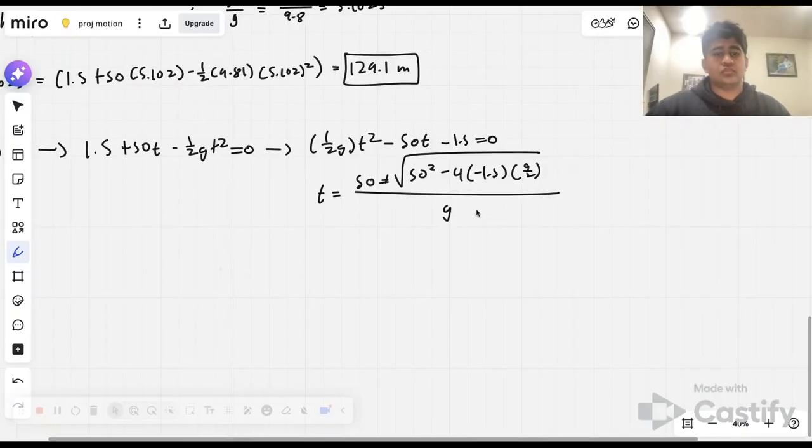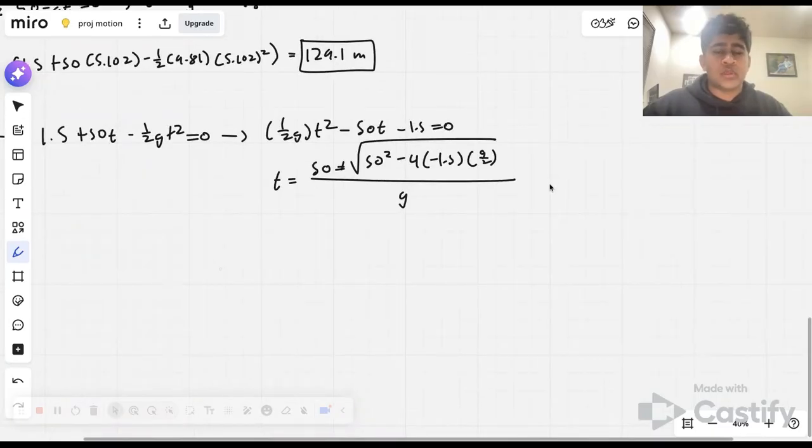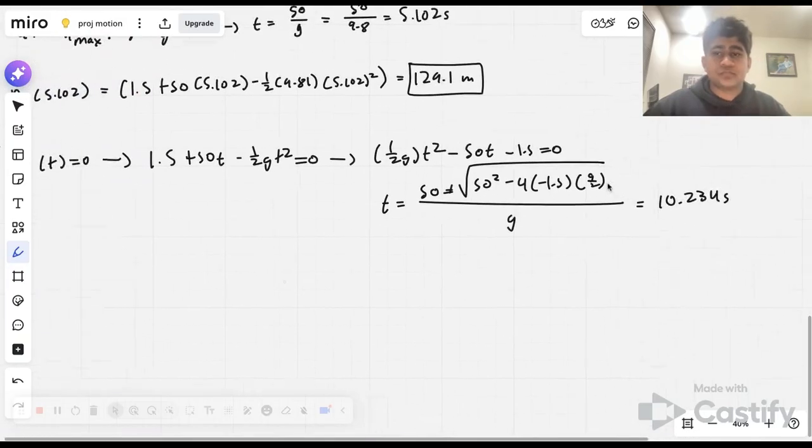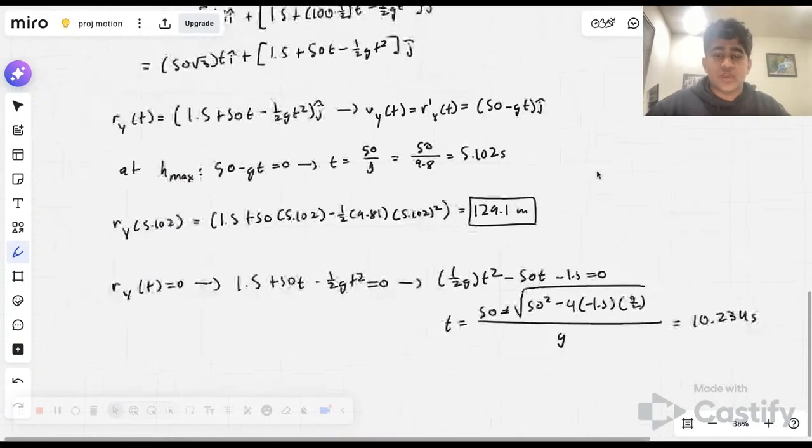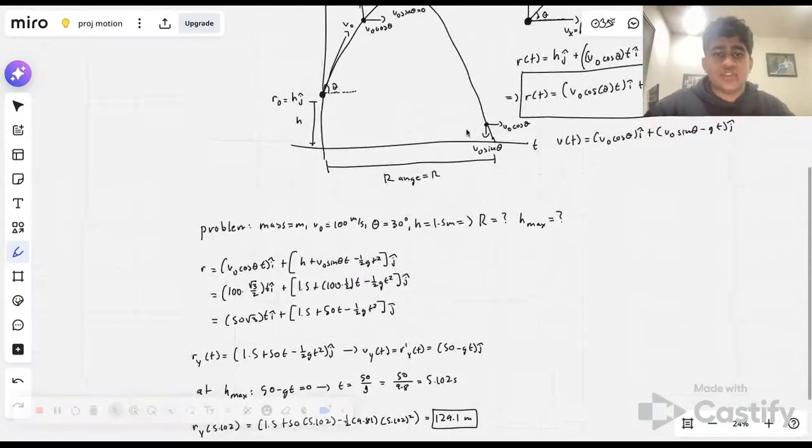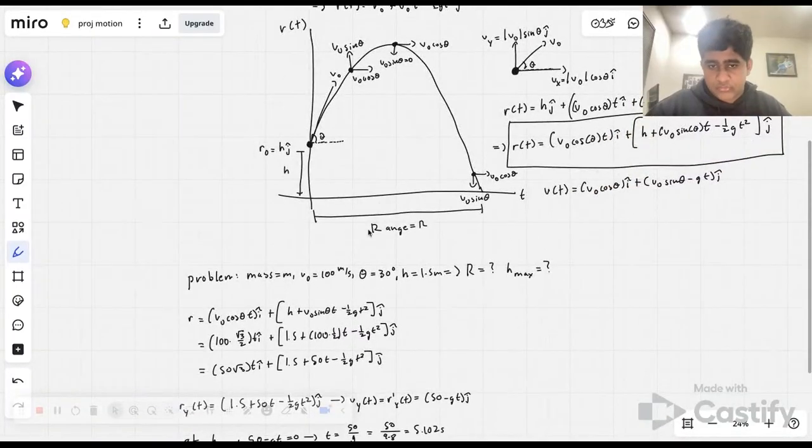So we can simply calculate this out, and we'll get two values actually. We'll get a negative and a positive because of the plus minus. Time can't be negative like I said earlier, so we'll take the positive value, and you can calculate this yourself. You'll get 10.234 seconds.